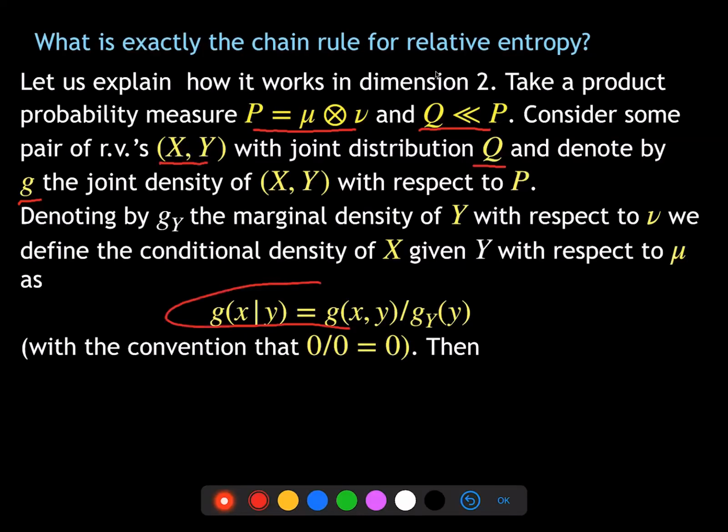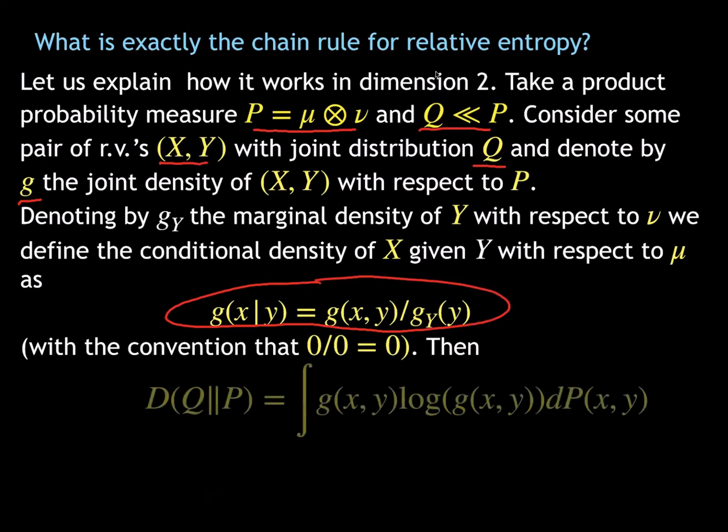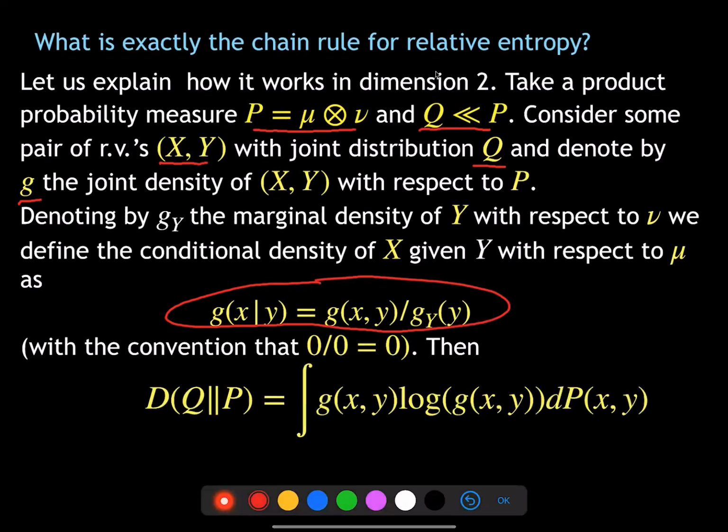This is something that you have seen already, of course. And now the issue is to compute the relative entropy between Q and P, making appear marginal densities and conditional densities. So we expand this integral by using the fact that the joint density is equal to the conditional density multiplied by the marginal density.